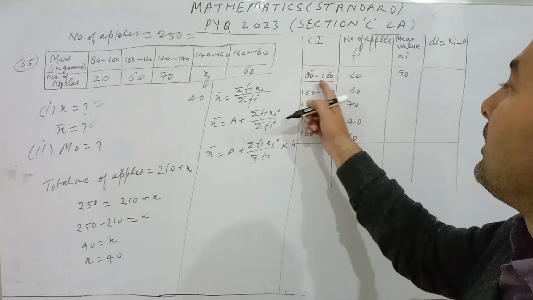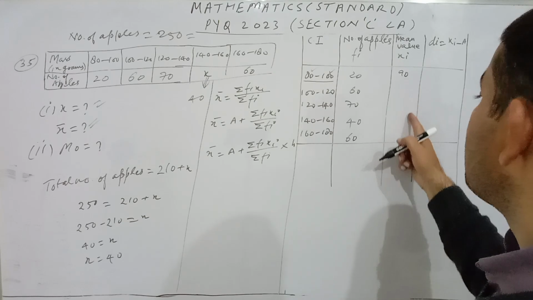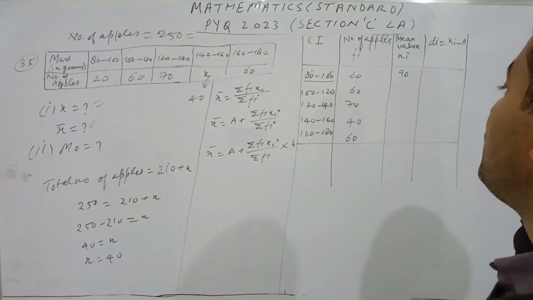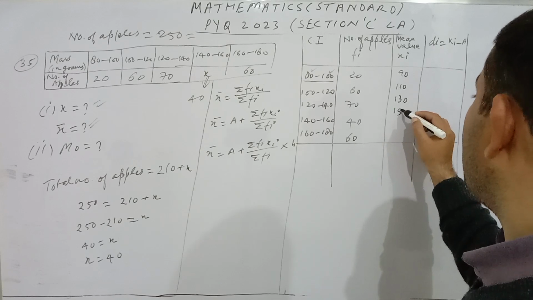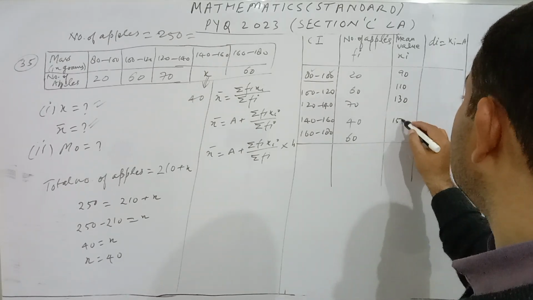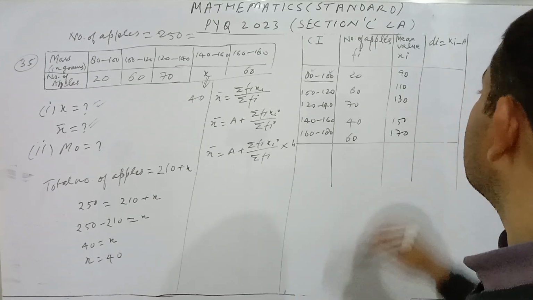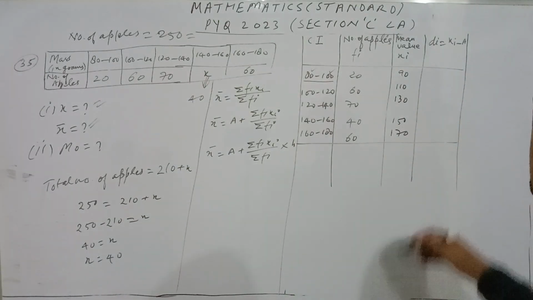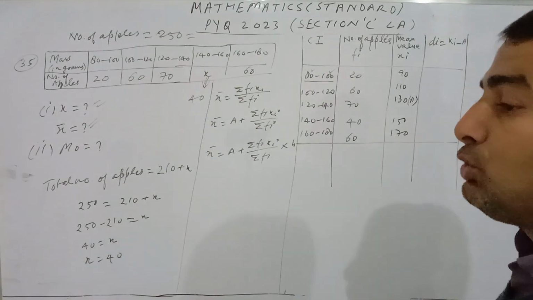Here we see that the difference between these two values is 20. So the difference here will also be 20. So it will be 110, it will be 130, 150, and then 170. Okay. di is xi minus a, where a is the assumed value.